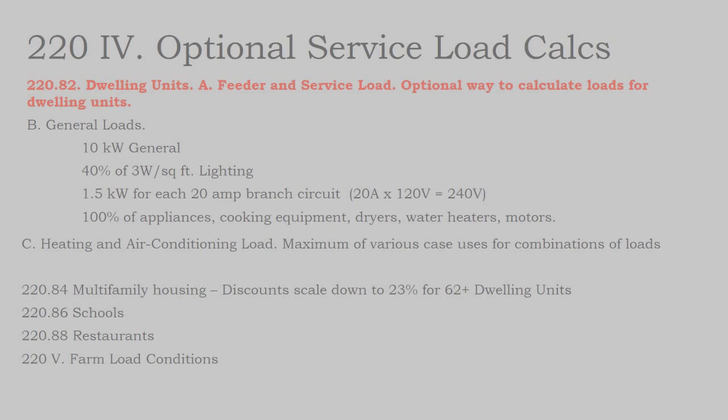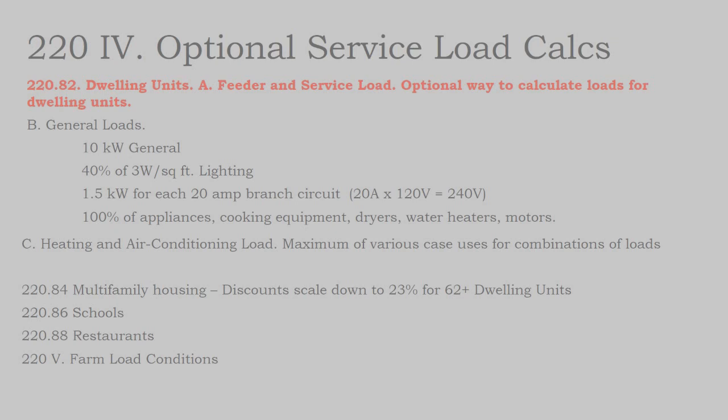Optional service load calcs, dwelling units, feeders, and service loads. There are other ways to calculate how much power you need to give to dwelling units. And so what we see here is 10 kilowatts for general service, and then 3 watts a square foot for lighting for 40% of the home.